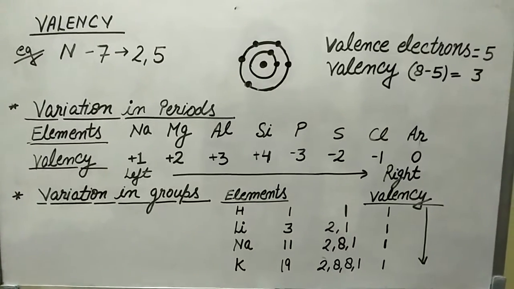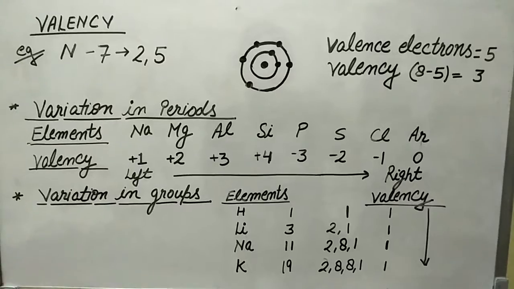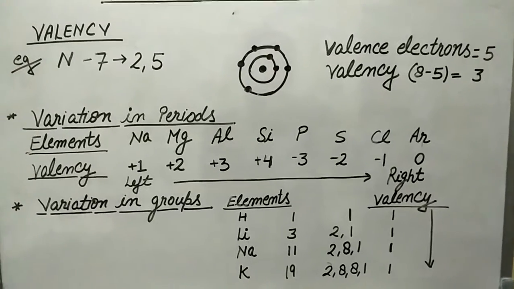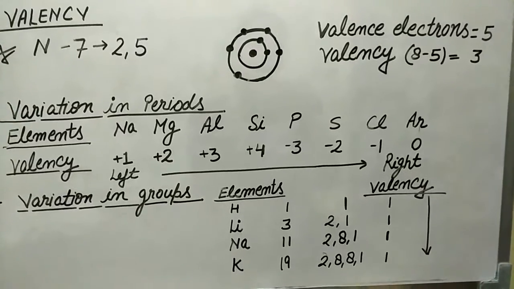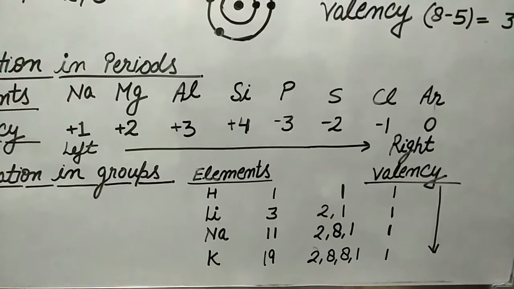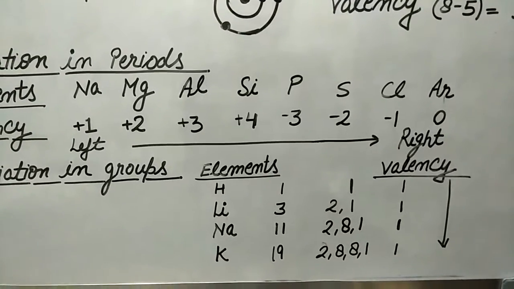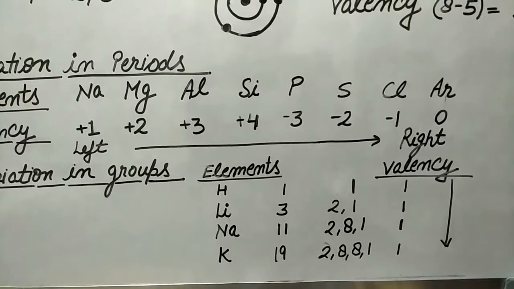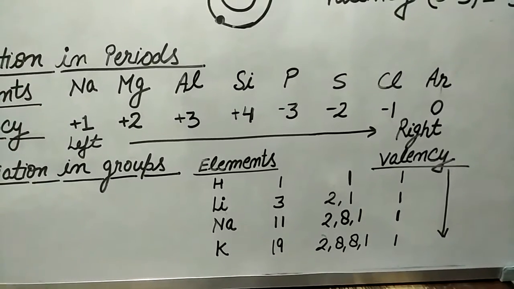Now if we talk about a group, from top to bottom in a group, we take the elements of the first group: hydrogen, lithium, sodium, and potassium. Hydrogen's atomic number is 1 and the valency is 1. Lithium's atomic number is 3, so the configuration is 2, 1. So we see that the valency is 1.